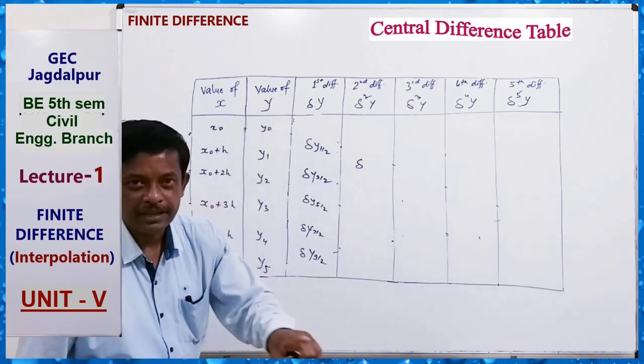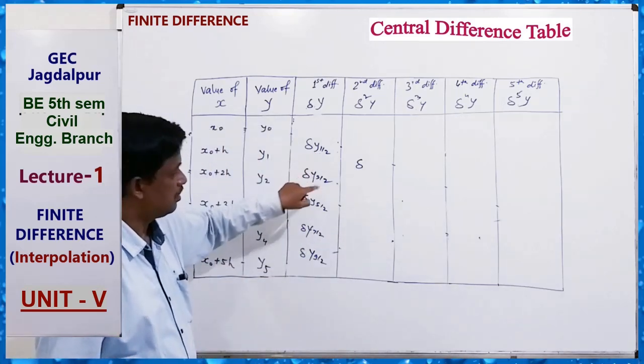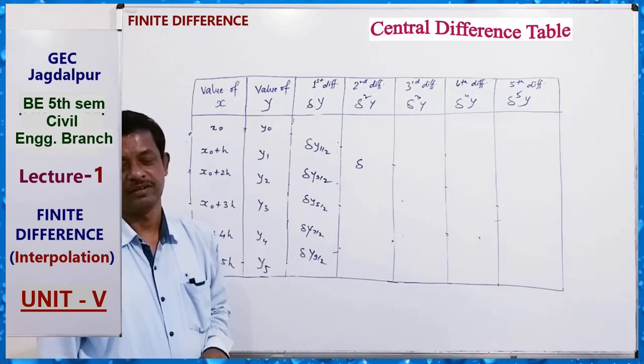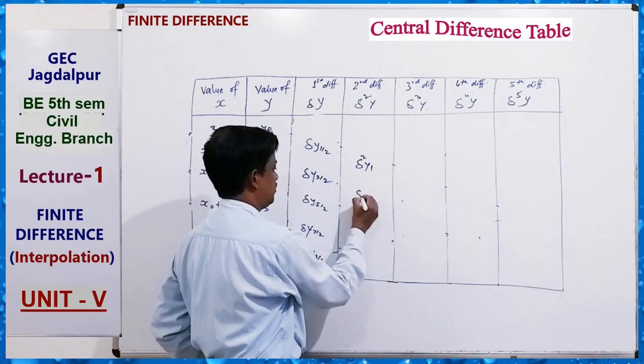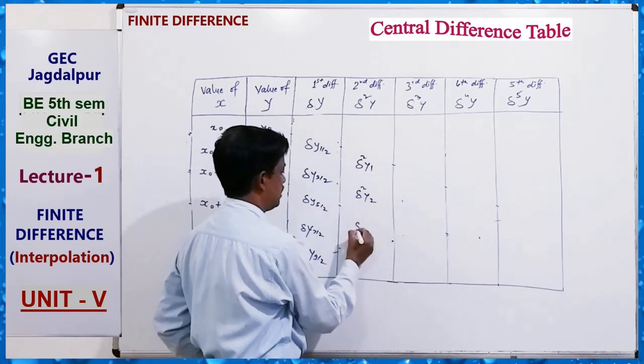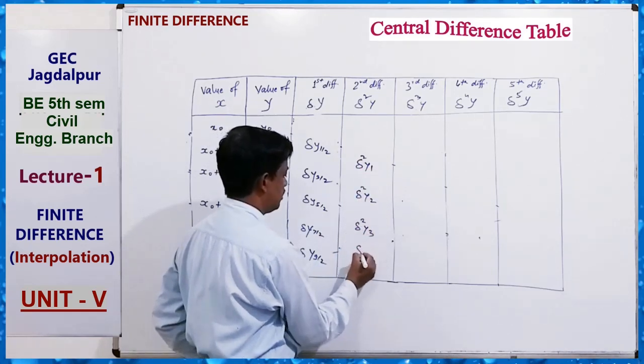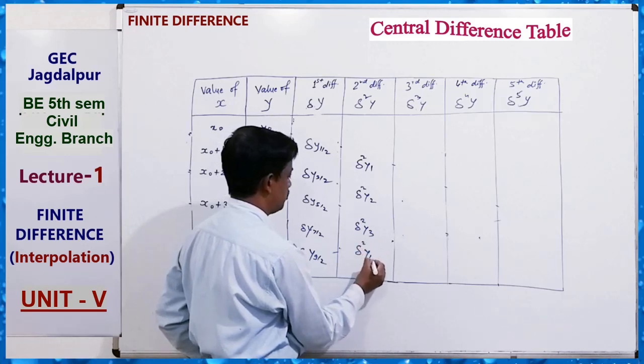Now the average of this half and 3 by 2 is 2 by 2, 1. Second order difference y1, second order difference y2, second order difference y3, second order difference y4.